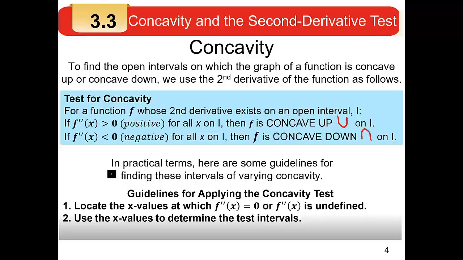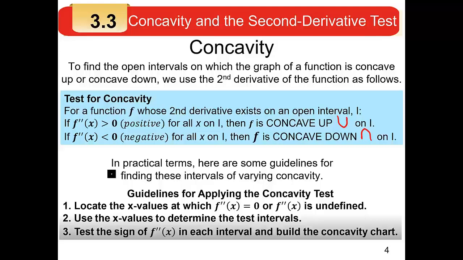Again, that's exactly what you did for increasing and decreasing intervals, but here we're doing it with the second derivative. And finally, test the sign of the second derivative in each interval determined by step 2, and then build a concavity chart. Thinking back to what you did with the first derivative, with critical numbers, you were building an increasing decreasing chart.